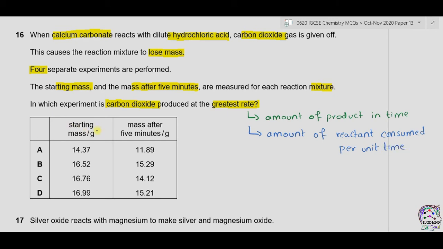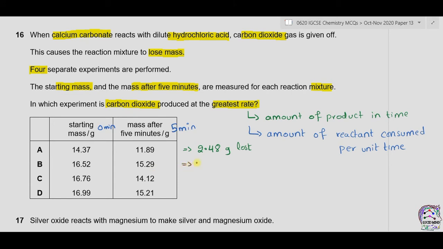We have the starting mass, which is at 0 minutes, and then the mass after 5 minutes. So 5 minutes is the total time consumed. The greatest loss of mass will show the highest rate of reaction. The loss in mass in the first experiment is 14.37 minus 11.89 grams, which is equal to 2.48 grams. B is 16.52 grams at the start and 15.29 grams at the end.